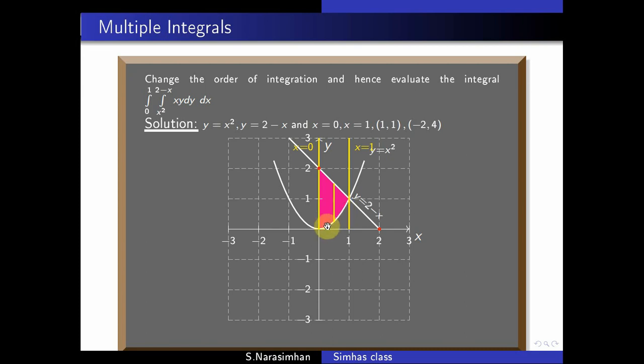Similarly, the lower limit is also on this curve, it also does not change. But when I take a step like this, the lower limit is the same, but the upper limit is going to change. So that is why we split this into two regions.